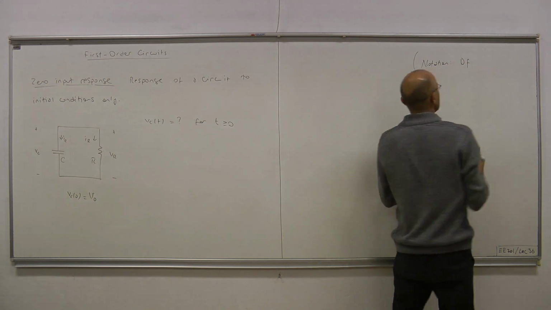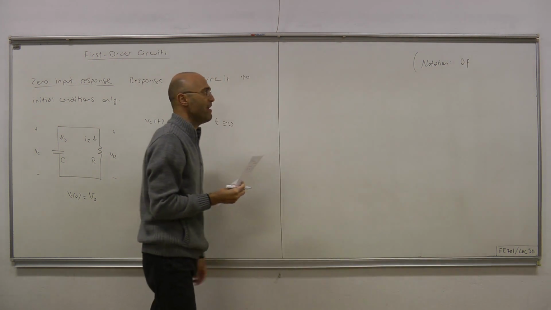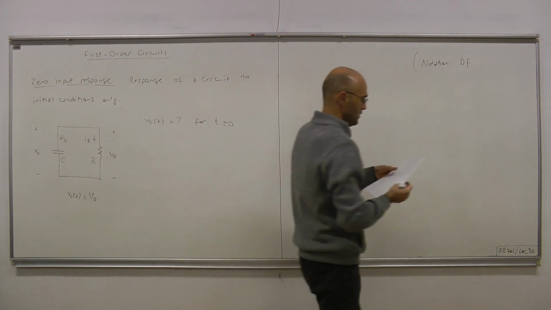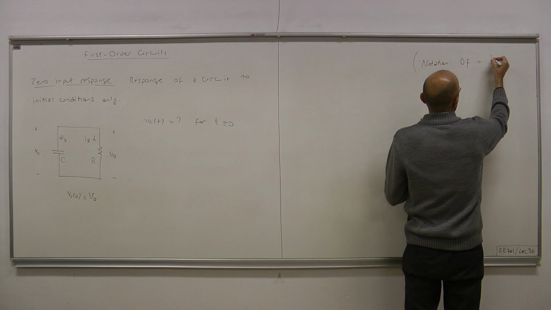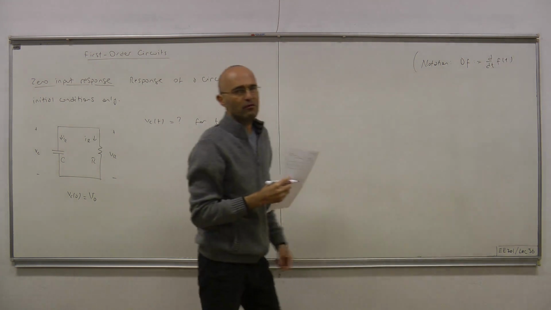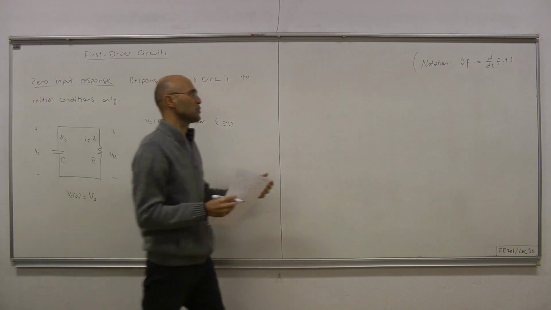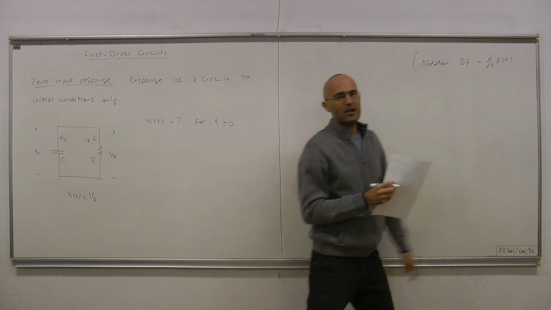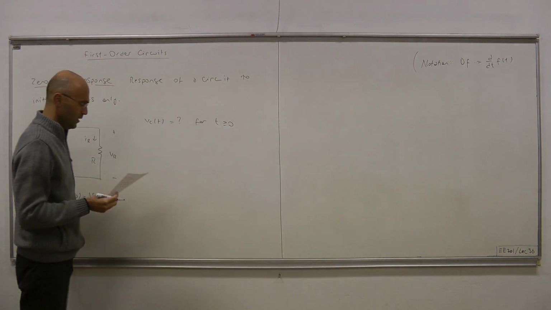When we write Df, where f is a function of time, what we mean is d over dt of f(t), that is the time derivative of the function f. Sometimes we also use the dot notation, which means the same thing.